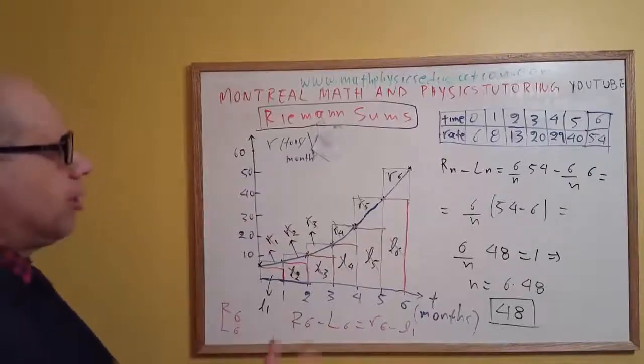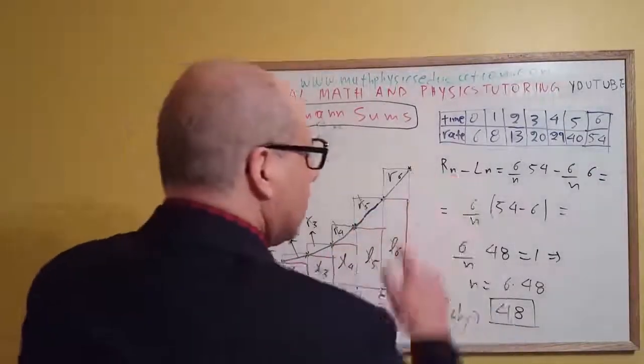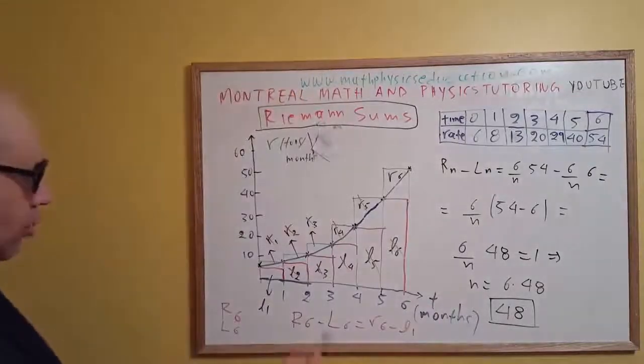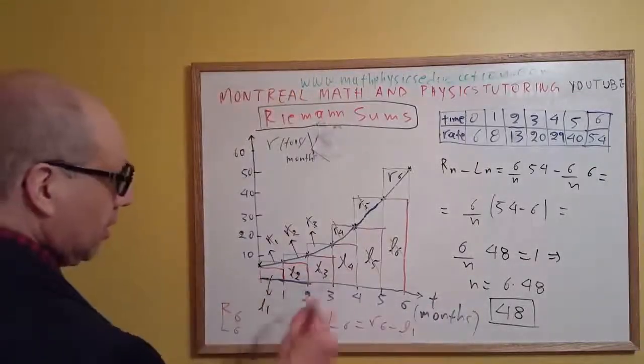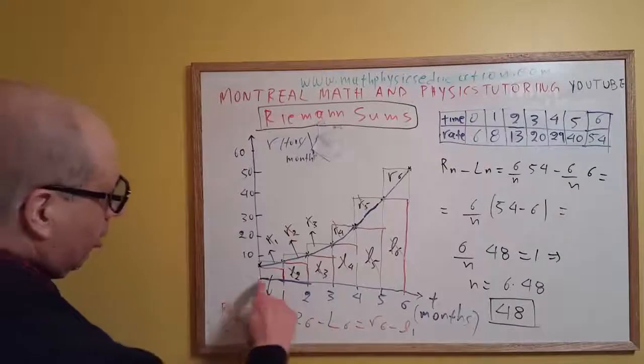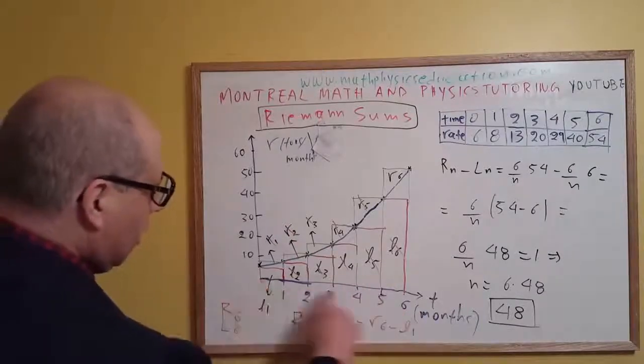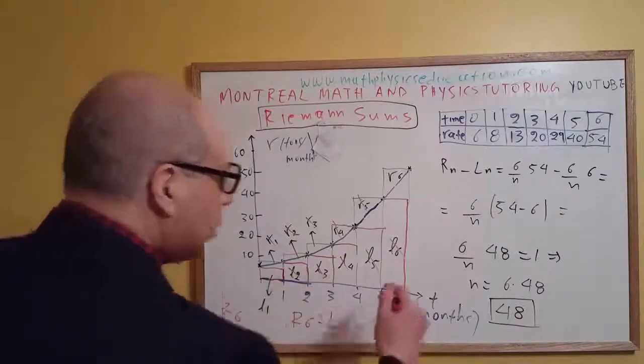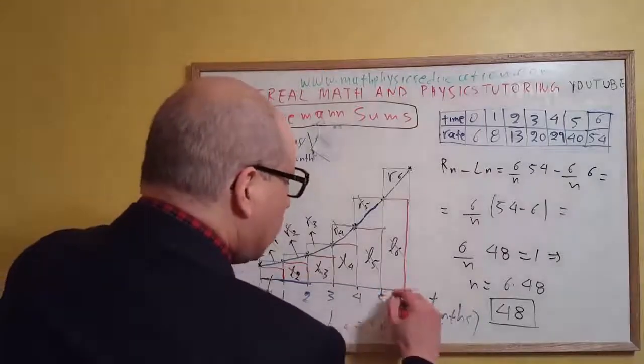Now, since we are trying to find this n here, let's assume that you split this interval from 0 to 6 into n points.